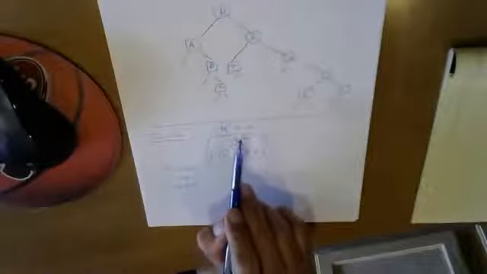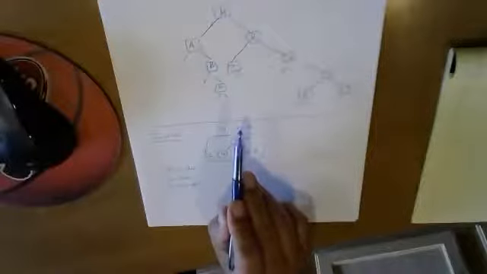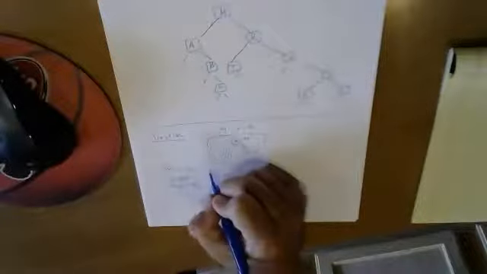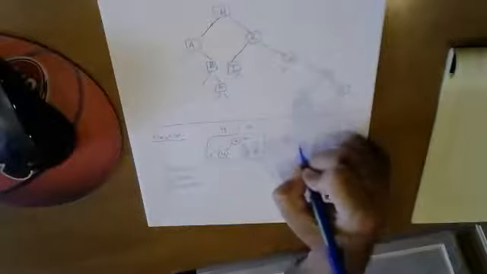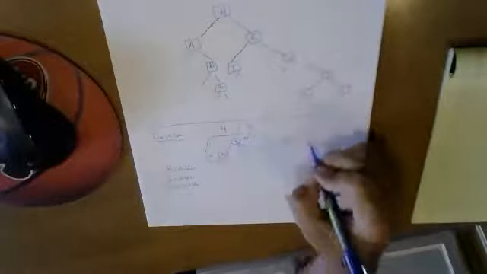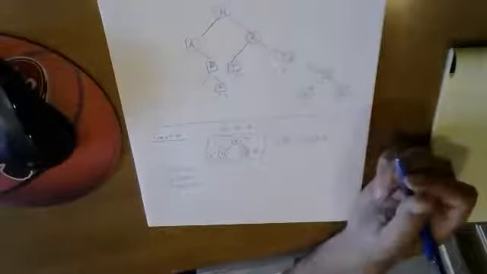So pre-order talks about putting the node first. So pre-order means the operator would come first. So in pre-order, I'm going to have the plus, the 4, and the 2 because my operator comes first.